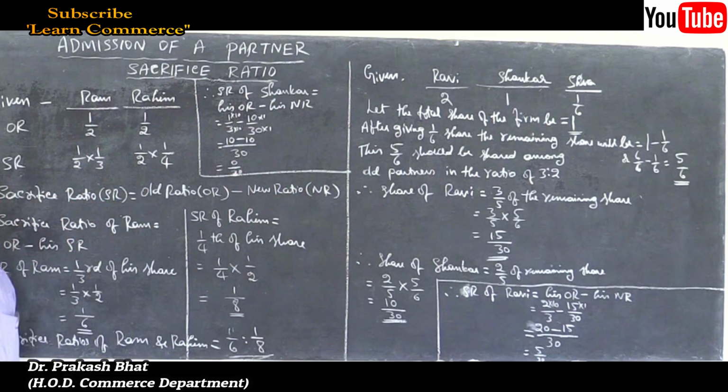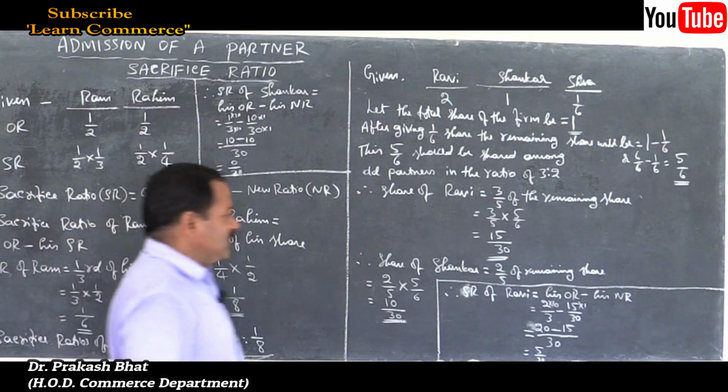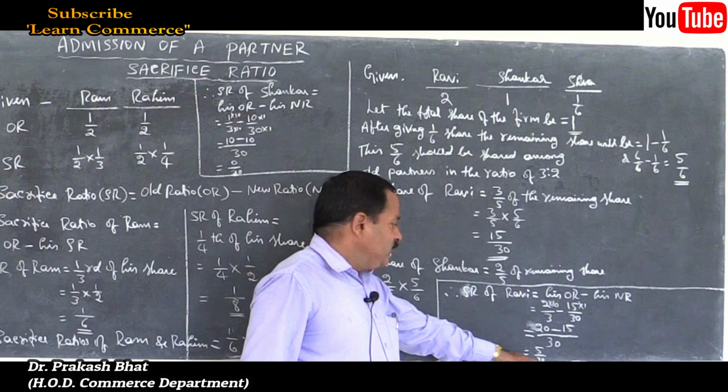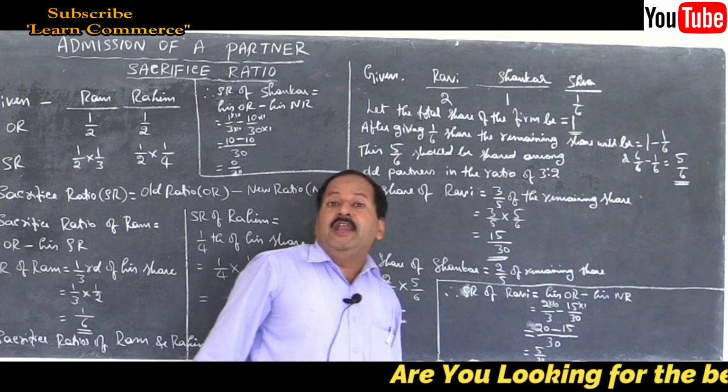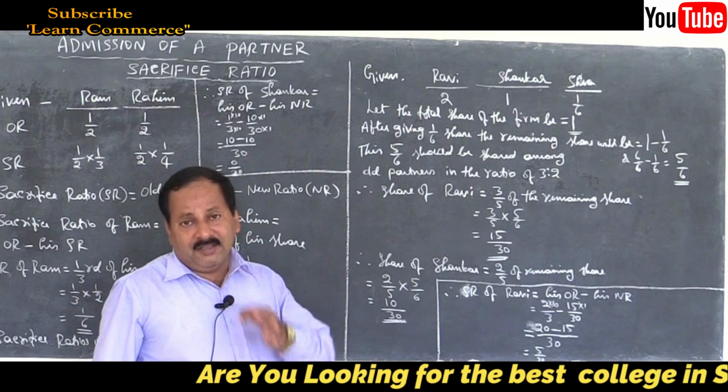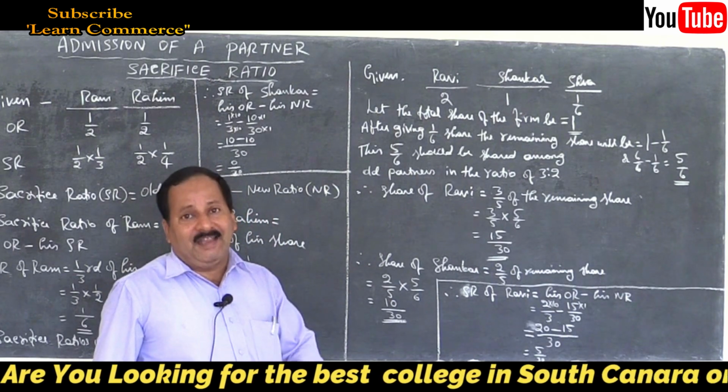That means the second partner didn't sacrifice anything. It's very clear. Whatever the sacrifice is made by Ravi only. 5/30 is given by Ravi alone. You have to write in full sentence at the end.